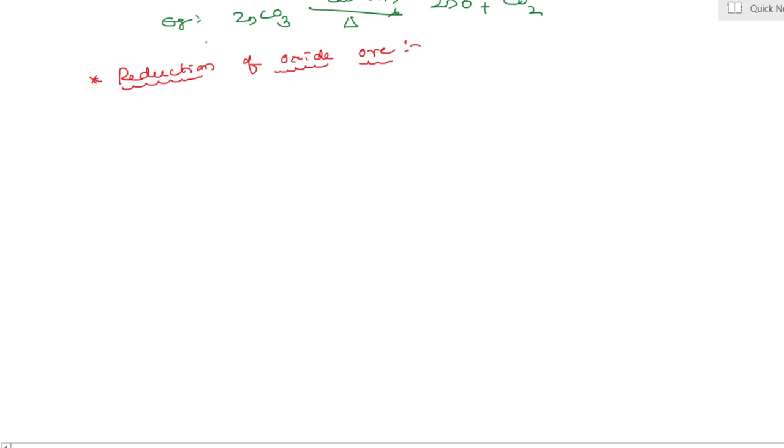Yes, it is the process of conversion of metal oxide ore into metal. It can be done by heating the oxide with a suitable reducing agent like carbon in the form of coke. Yes, my dear students, observe here.